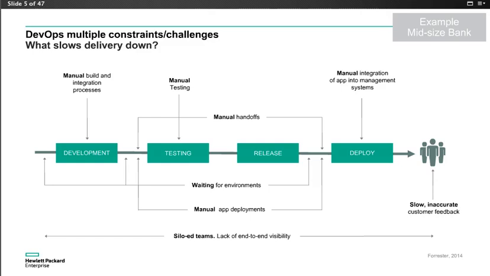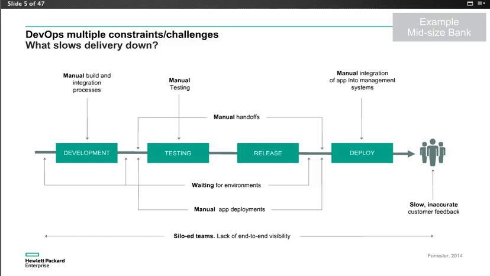You can see that there is a lot of manual work, manual handover tasks, a lot of problems with siloed teams, and some inaccuracy in the feedback from business to development.